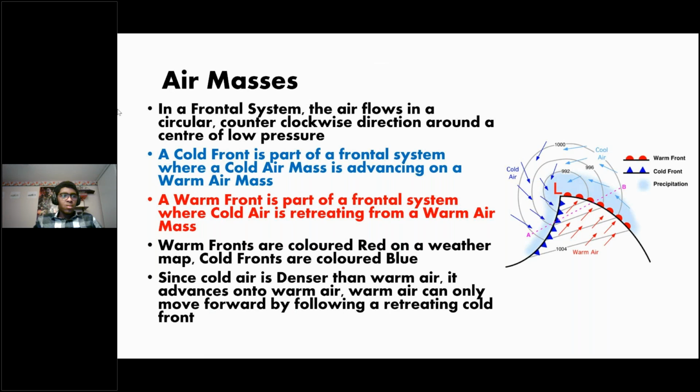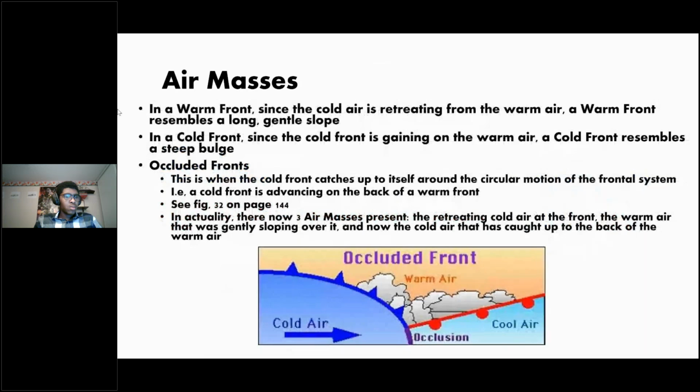But then you also have this part of it with the red semicircles, the warm air that's retreating, coming up behind the back of this cold front at a lot slower rate. And basically what happens in an occluded front is the blue triangles almost catch up to the red semicircles, and you have what's called an occluded front.